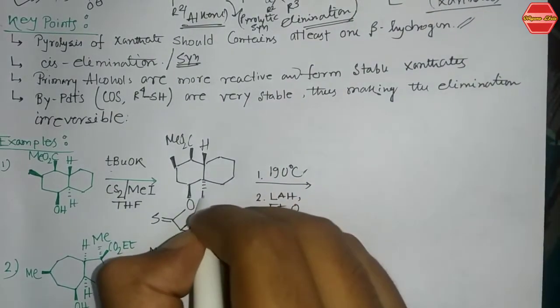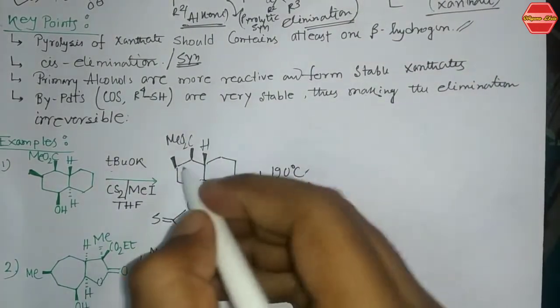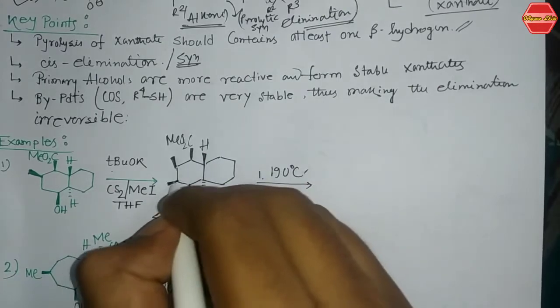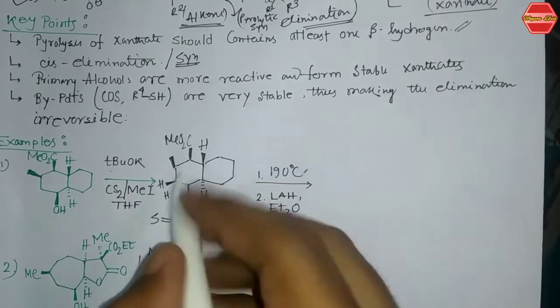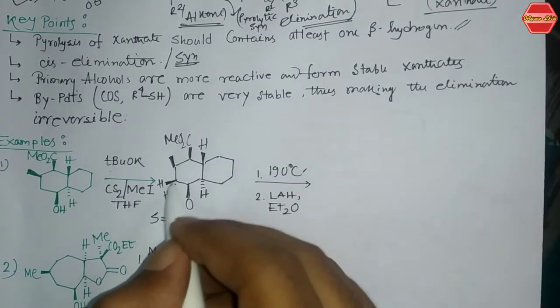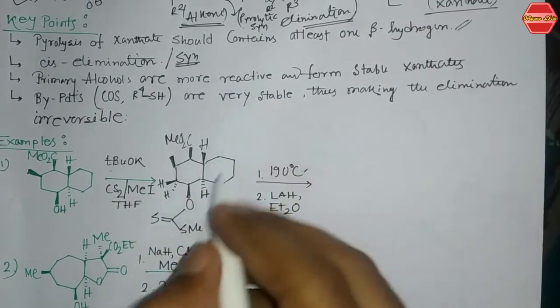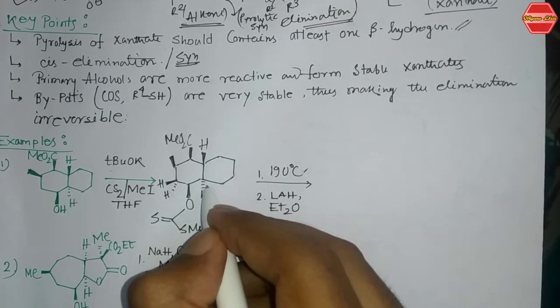Now you can see that there are two hydrogens over here, that is this one. This CH2 unit contains one hydrogen above the plane and one hydrogen below the plane, and you can see that this hydrogen is below the plane.